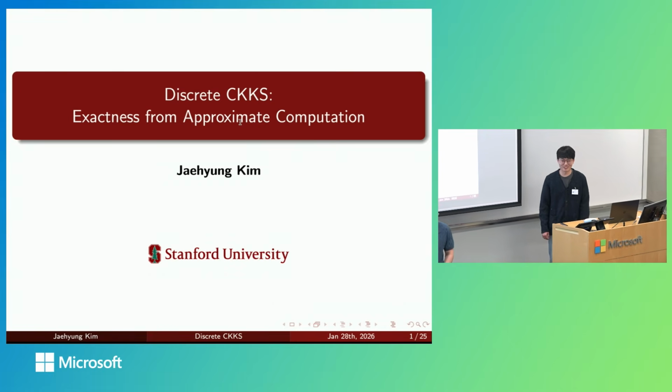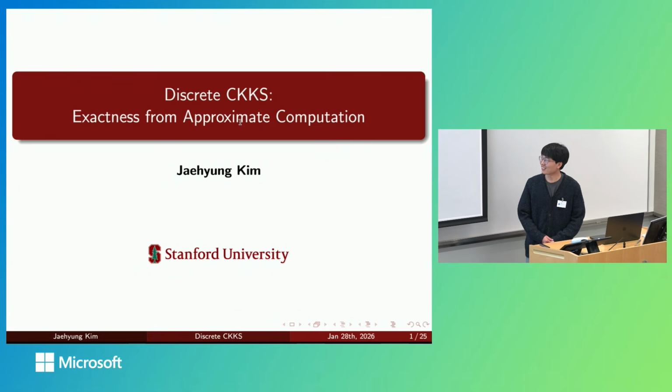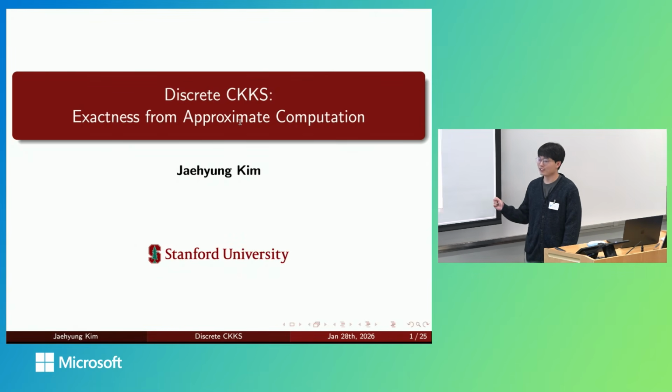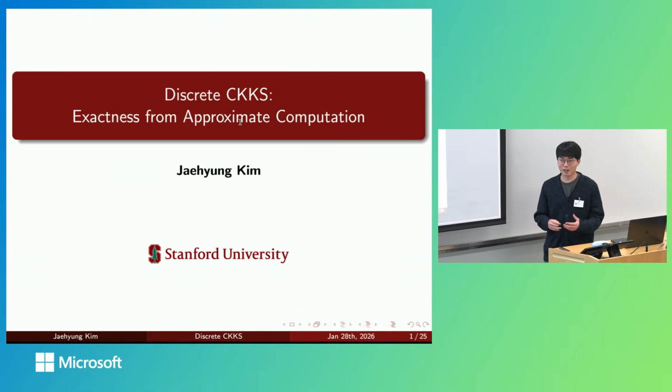Oh, thank you so much for the introduction. So let me start the presentation right away. The title of this talk is discrete CKKS. This is a combination of our recent works on building discrete systems upon the approximate scheme called CKKS.